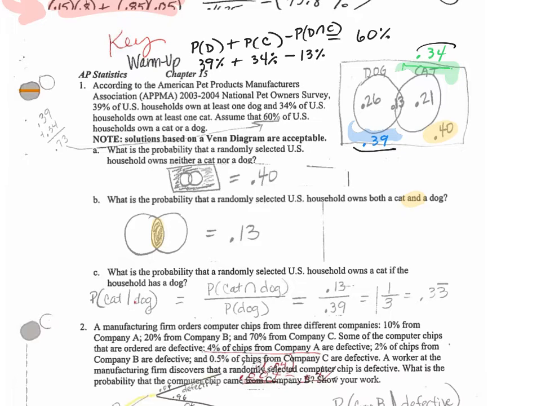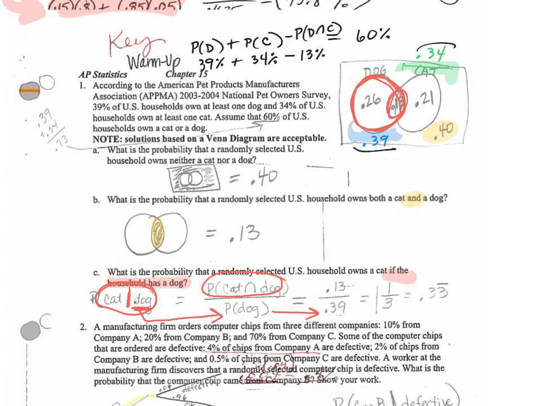It says, what is the probability that a randomly selected U.S. household owns a cat if the household has a dog? If they have a dog means, given that they have a dog. So of the entire dog circle, which is 0.39, so of this 39% dog circle, what portion of that is the overlap, the cat and dog?